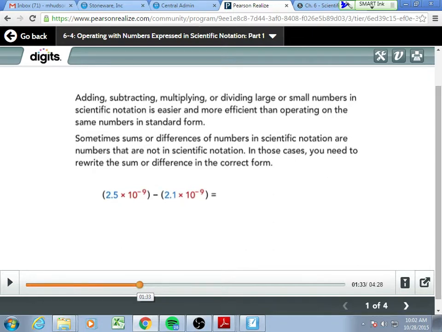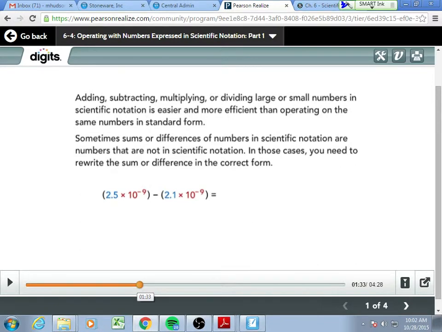We have 2.5 times 10 to the negative 9th and 2.1 times 10 to the negative 9th. I honestly have no idea. Okay, Nate. You would cancel the two exponents. What do you mean cancel? They're the same. So do they go away?